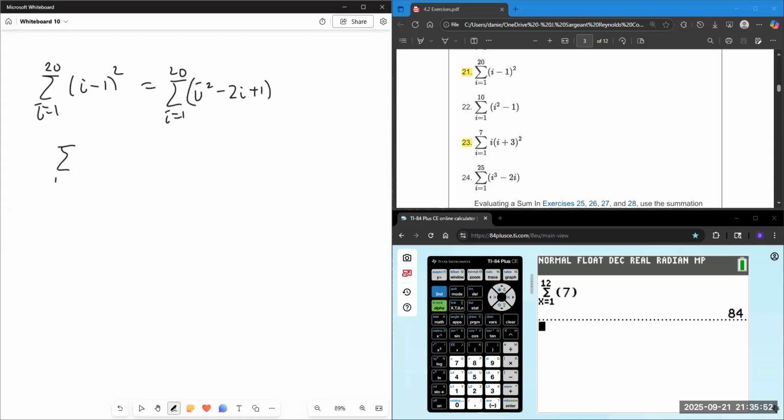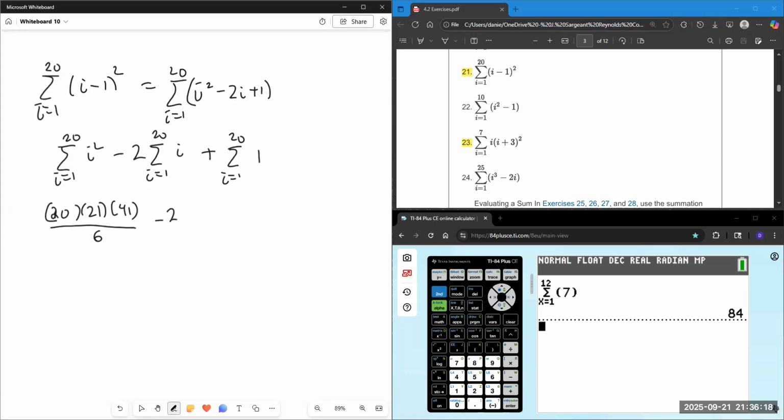So that's going to be i equals 1 to 20 of i squared minus 2 summation i equals 1 to 20 of i plus summation i equals 1 to 20 of 1. So this is 20 times 21 times 41 over 6 minus 2 times 20 times 21 over 2 plus 20.